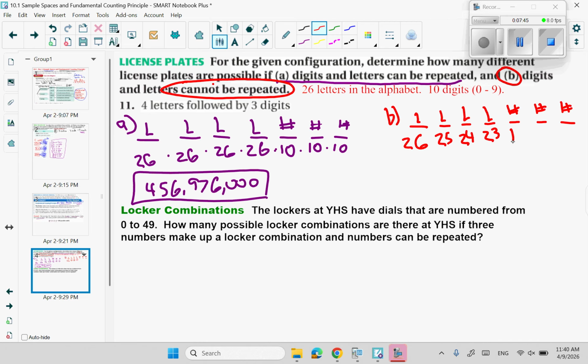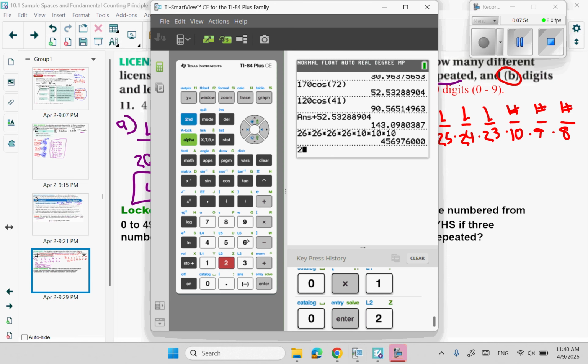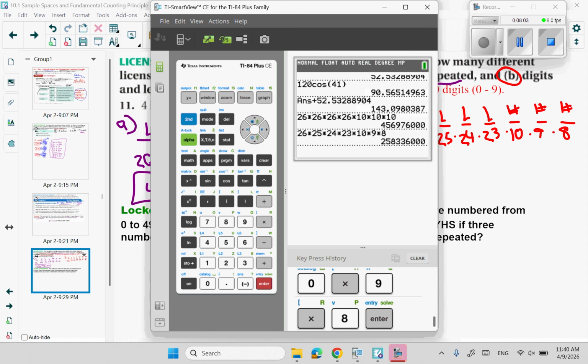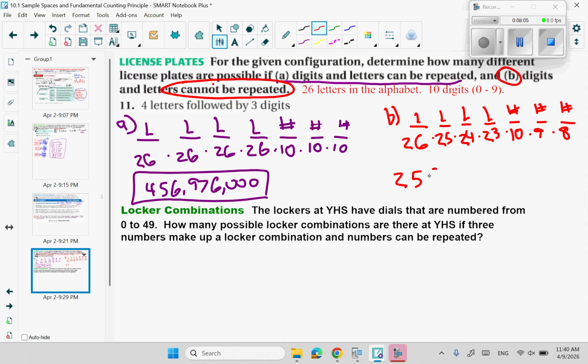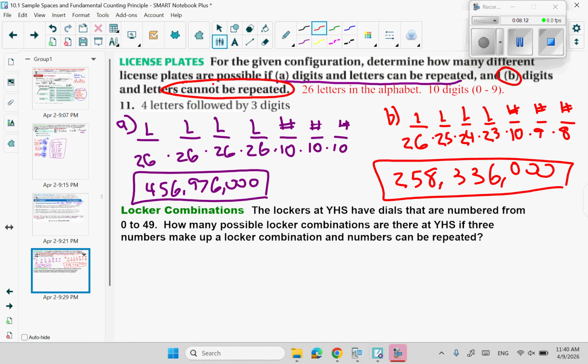For numbers, I have 10, then 9, then 8, because I can't repeat the digits. So I'm going to multiply all of those together. So we get 258,336,000. Okay. And it should make sense that because I can't repeat letters, I just have way less possibilities.